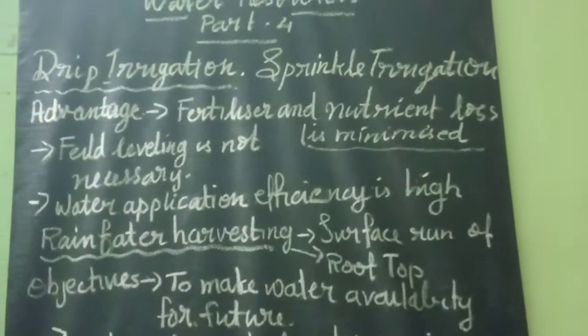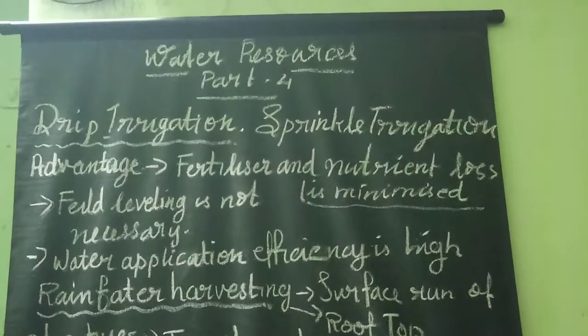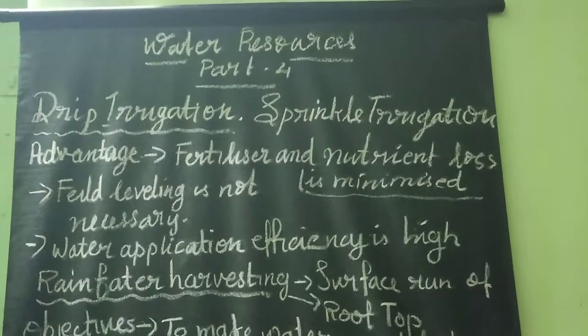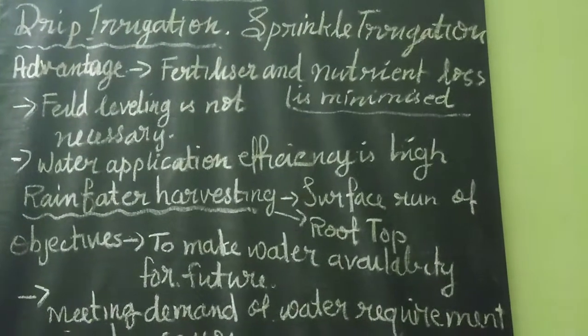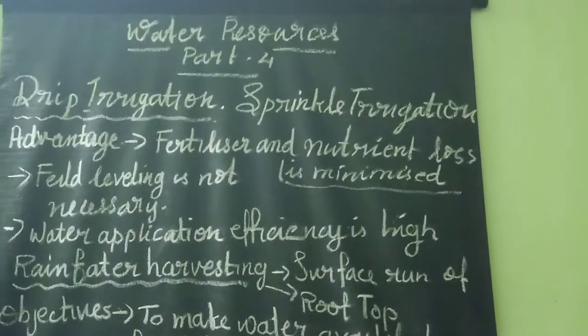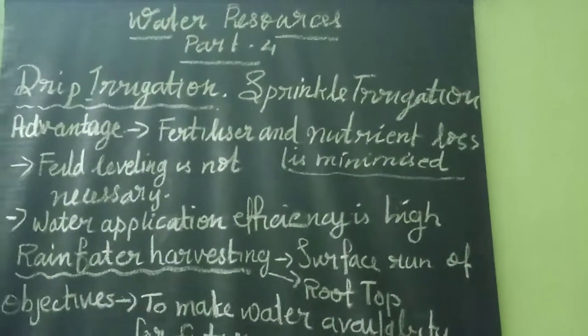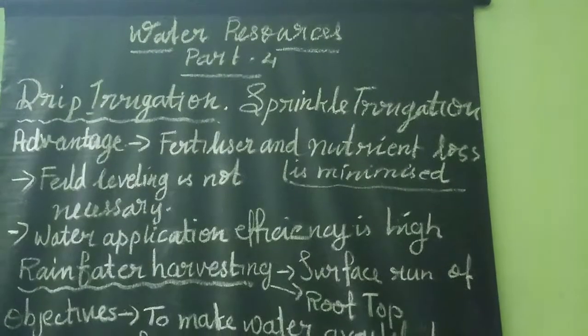Secondly, water application efficiency is very high. Then field leveling is not necessary. Apart from that, fields with irregular shapes are easily accommodated. Recycled non-potable water can be safely used. Soil types play a less important role in frequency of irrigation also.